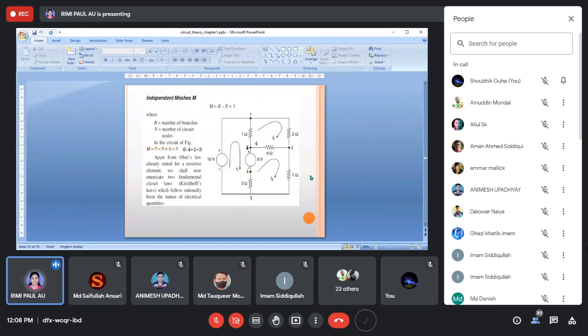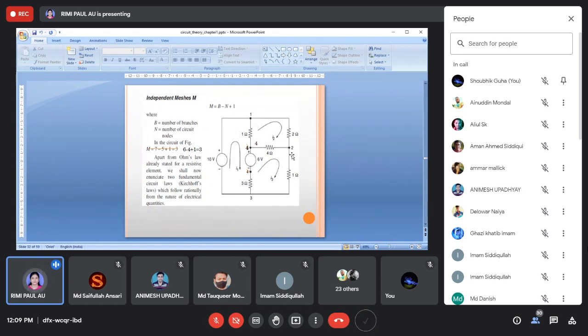Here you can see I have already given how to solve a mesh analysis problem. Now you can see that this is a closed path. One source is connected, so we can say this is an electrical circuit. An electrical circuit is only a combination of resistances and a supply source, a voltage source.